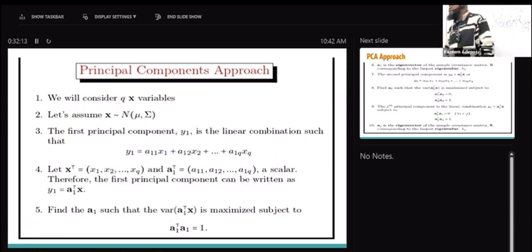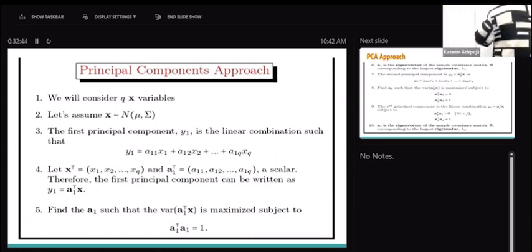In statistical analysis, for simplicity, the best distribution we can call upon is the normal. That is why, if you look at number 2, let us assume X follows a normal distribution. When I say X, I'm not talking about one explanatory variable, I'm talking about all of them. This is what we call a multivariate normal, not univariate, because there are a lot of them.